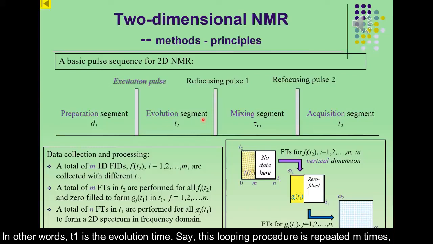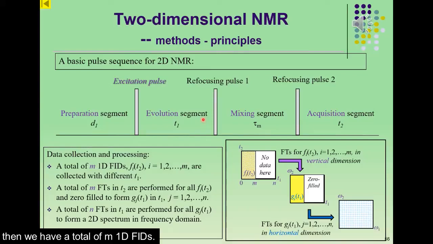Say this looping procedure is repeated M times. Then we have a total of M 1D FIDs.